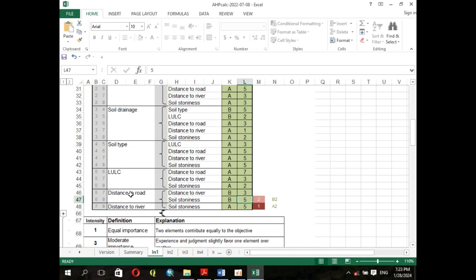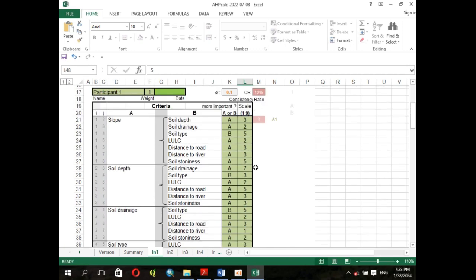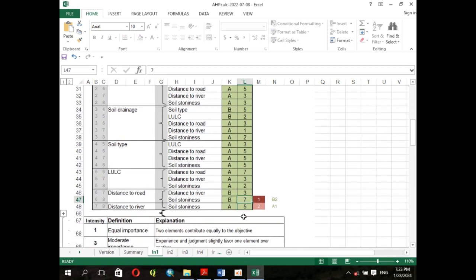Therefore, this one is another parameter. And if you compare the road with the soil stoniness, we have provided our judgment as this one. Let me give a 7 for instance. And this one also increases our inconsistency. And let us use 5.